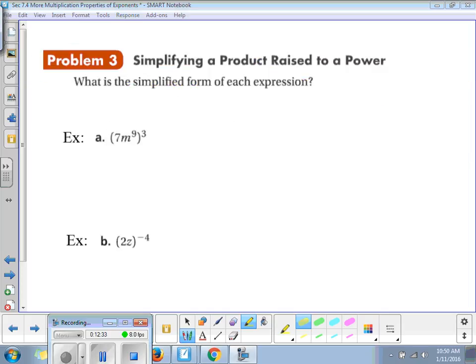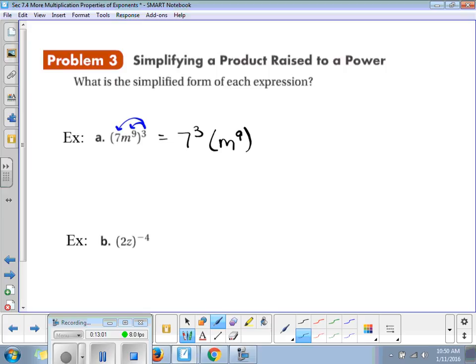All right, so problem 3 is simplifying a product raised to a power. So now we're just going to apply what we just learned. This exponent 3 will be applied to everything inside the parentheses. So we will end up with 7 to the 3rd times m to the 9th to the 3rd.